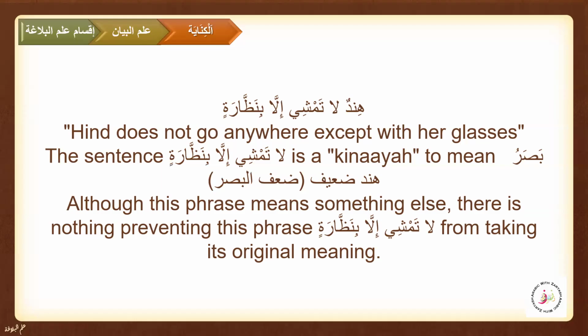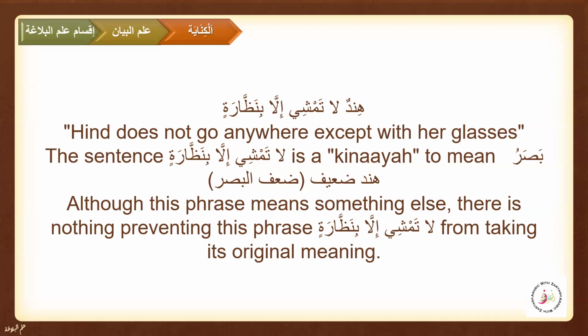What this actually means is, at first it just sounds like a fact, like Hind always wears glasses when she goes out. But actually, this is the kinaya, a way to indirectly say something else. It's hinting that basaru hindin daifun, Hind has weak eyesight. So instead of saying it directly, the sentence uses a soft, indirect way to express it through her constant use of glasses.